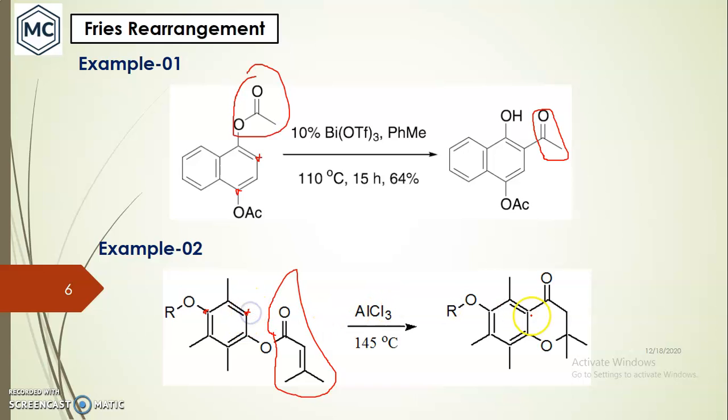So the acyl group will migrate towards this ortho position, and at the same time you get a product having a double bond like this, and this OH can react with this double bond and form a cyclic product like you have seen before.